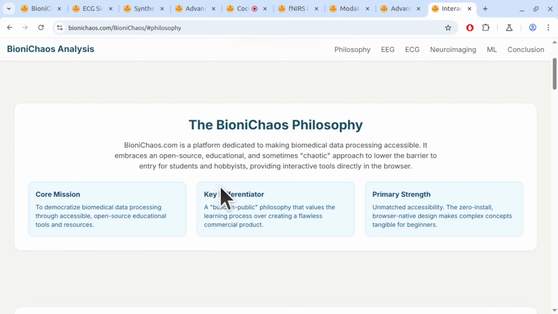Okay, keep going. What's on the screen? It discusses the Bionic Chaos philosophy, emphasizing its core mission, key differentiator, and primary strength regarding biomedical data processing tools. It also details the EEG simulation and visualization features.